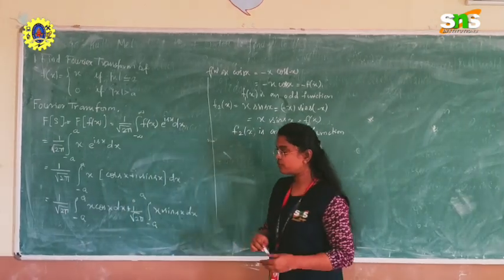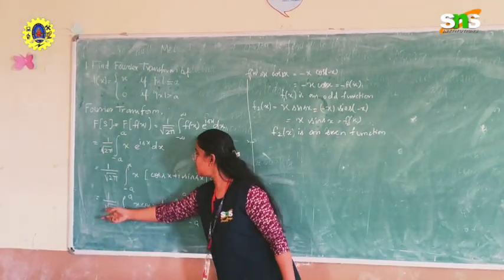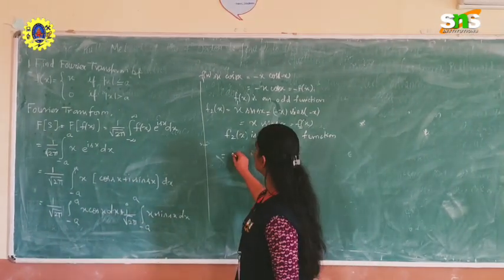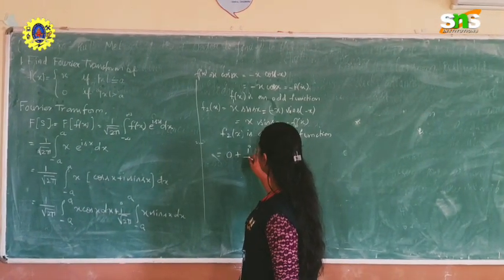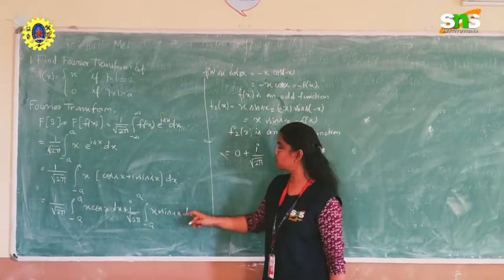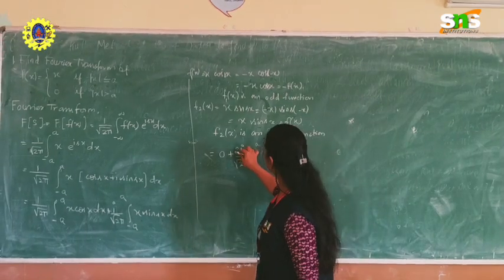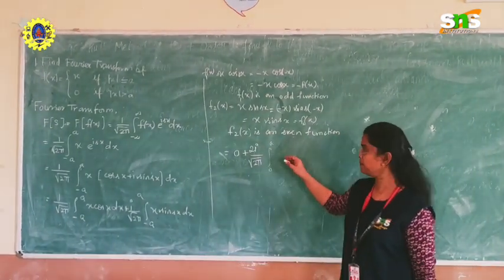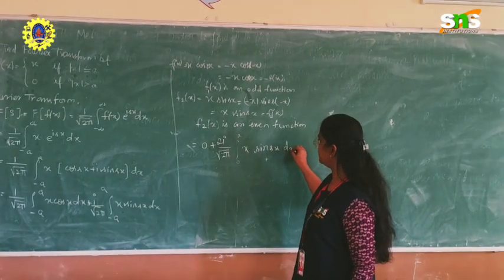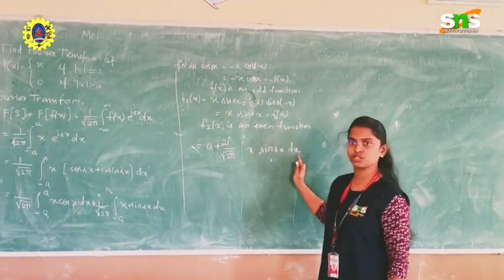What I told before, if it is an odd function, it will go to 0, right? So your first term will go to 0, which is equal to 0 plus i divided by root 2 pi. Here the limit becomes integral 0 to a, which is 2 times the integral 0 to a of x sin sx dx. Now you have to integrate this portion.